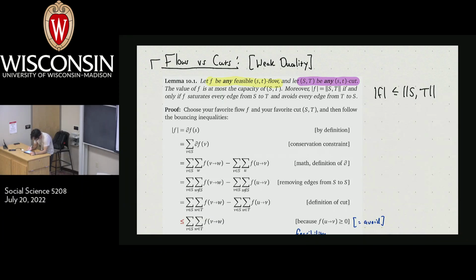And there's a special condition for when they're equal. The condition for when they're equal is F saturates every edge from S to T and avoids every edge from T to S. So if we had a picture here with S and T, we need every edge from S to T to be maxed out, so these are all completely saturated.